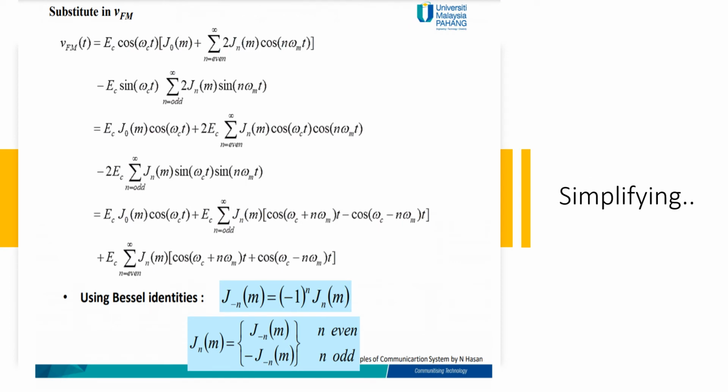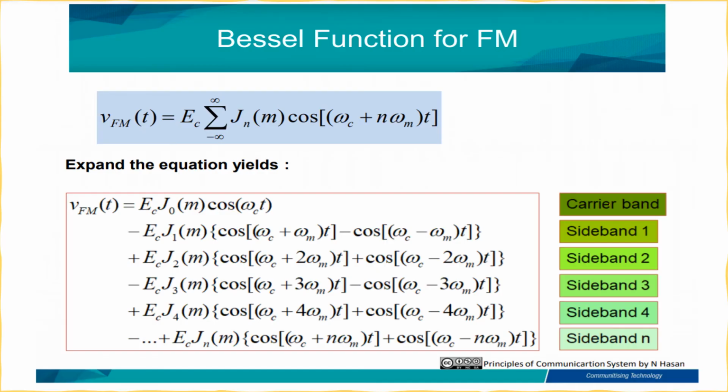So further simplification of the Bessel function, it then becomes b sub FM of t is equal to E sub c times the summation from negative infinity to infinity of J sub n of m times cosine of omega c plus n times omega m times t.